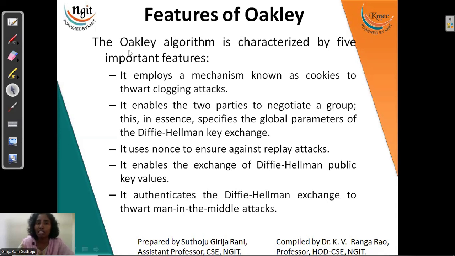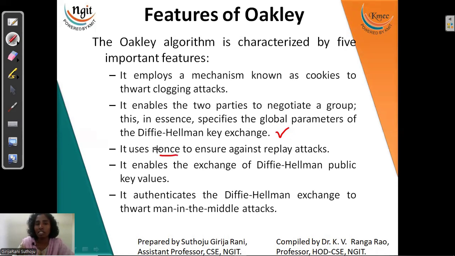So there is a chance, by using the Oakley algorithm, of clogging all the attacks which are not necessary, right? And along with this, as we are utilizing the Diffie-Hellman key exchange algorithm, the parties will be strong enough to work with the session key. And it also generates one nonce, where it can ignore replay attacks.